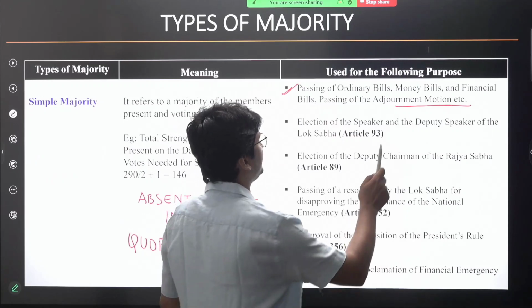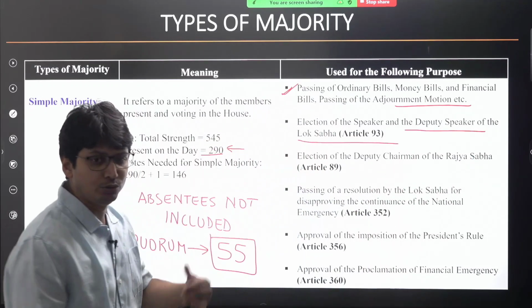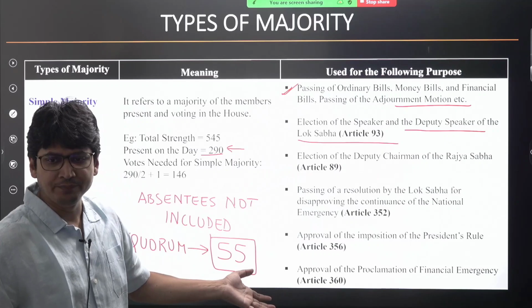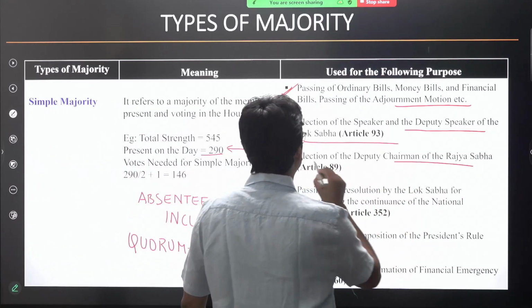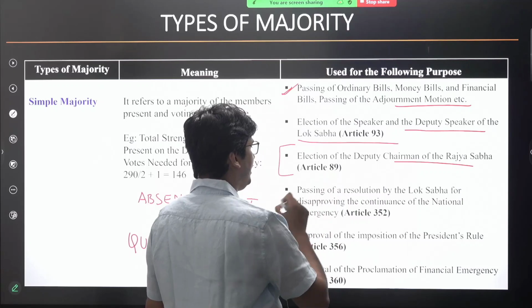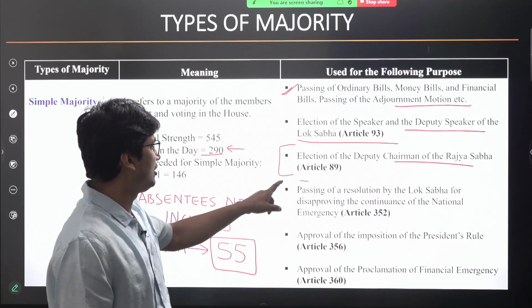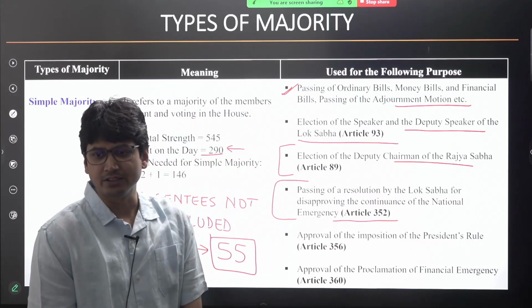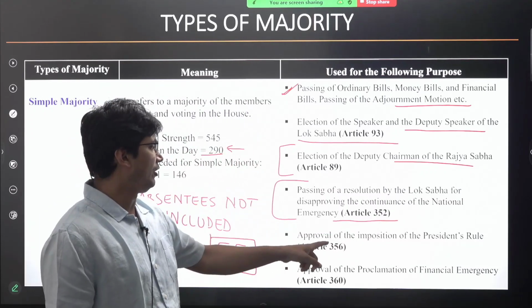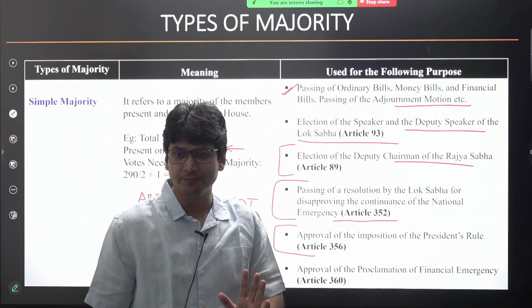Similarly, election of the speaker and deputy speaker of Lok Sabha takes place through this concept of simple majority. Election of the deputy chairman of Rajya Sabha, same, simple majority. Passing of a resolution by Lok Sabha for disapproving the continuance of national emergency under Article 352 is also done by simple majority. Approval of imposition of President's rule under Article 356 is done by simple majority.